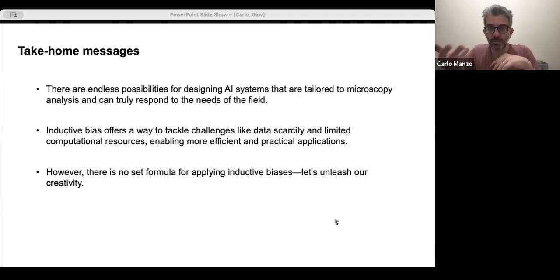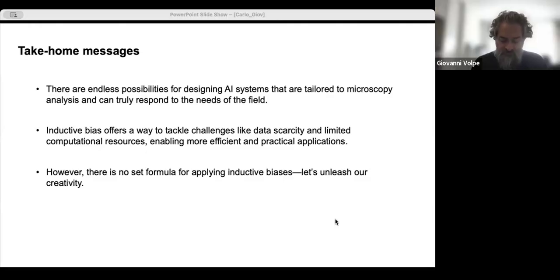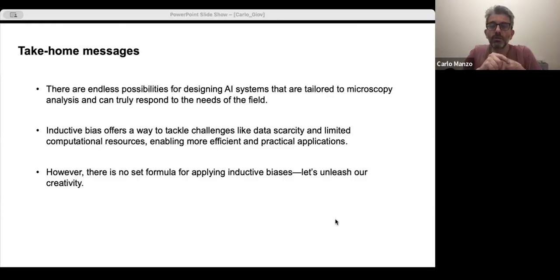In that case, we see that Gaudi is able to cluster the latent space according to the two parameters that define these graphs. Then we also apply it to the diffusion of active matter.